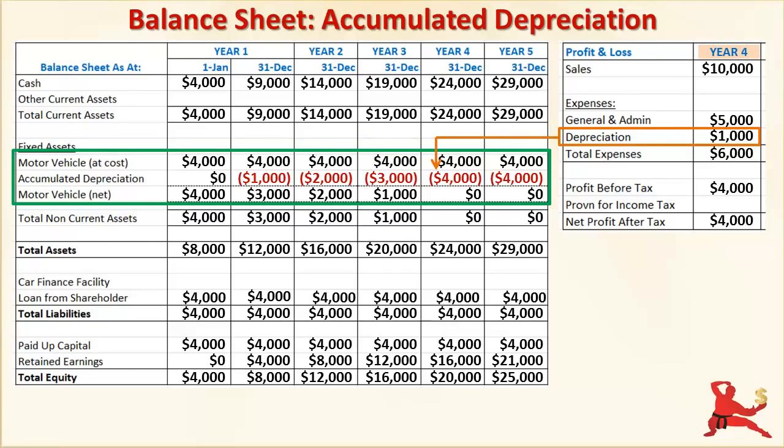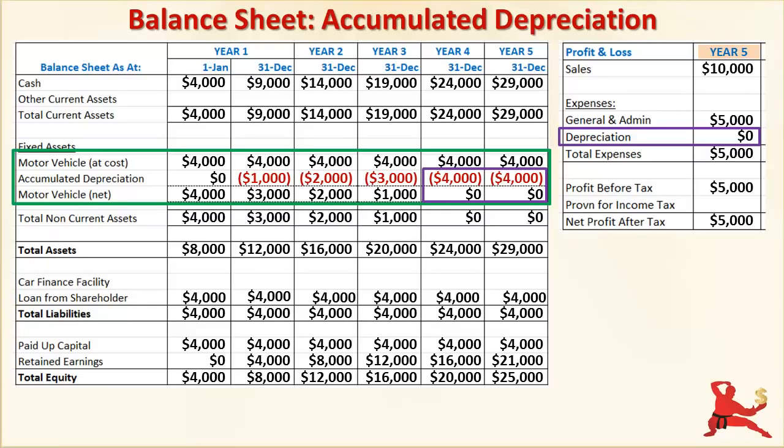That's when the accumulated depreciation is equal to the cost of the car, and that happens by the end of year 4. By then, the net book value of the car is $0. In year 5, there's no depreciation expense because it's already fully depreciated. The accumulated depreciation is at its maximum of $4,000. The net value of the car cannot get less than 0.